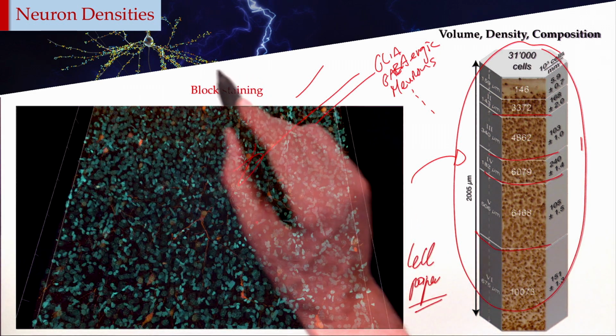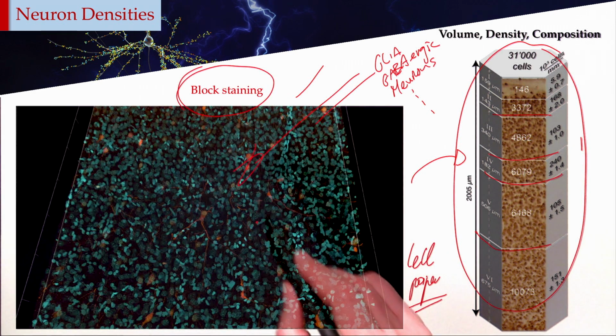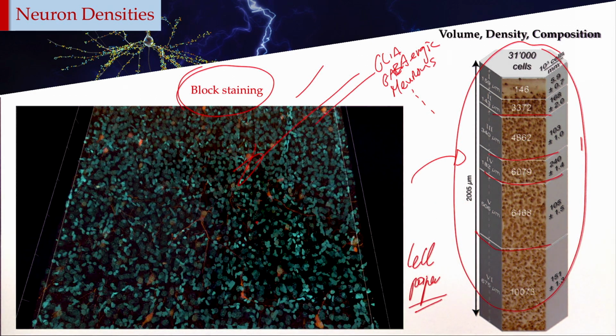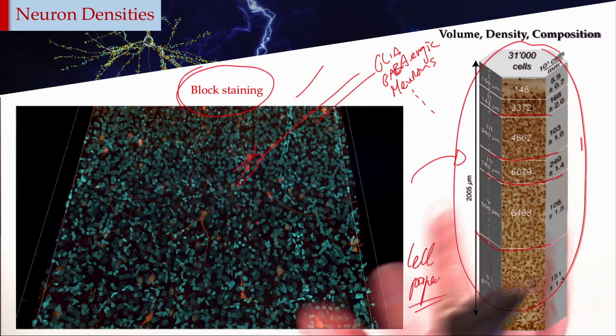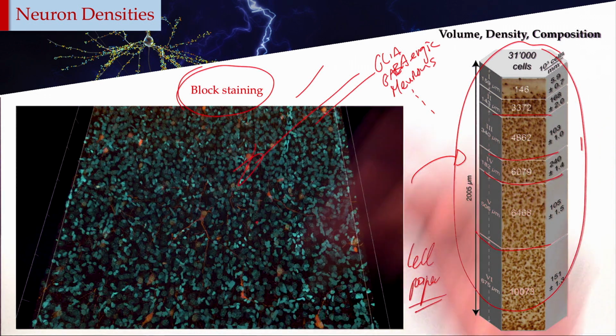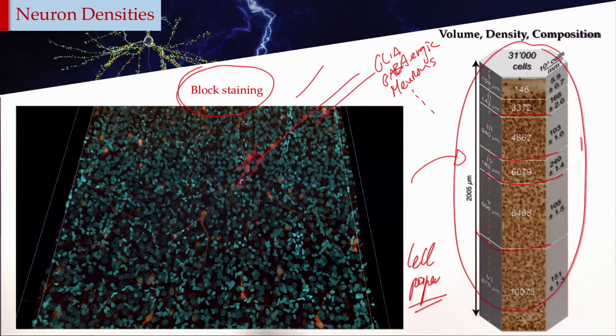The important point to make here also is that counting how many cells there are in a particular brain region is very unreliable. It's probably one of the most unreliable data sets you can get. So if you read a paper that tells you how many cells there are in the brain or in a particular part of the brain, just bear in mind that there are 20 other papers that will be contradicting that data.